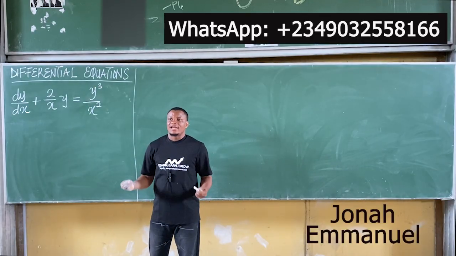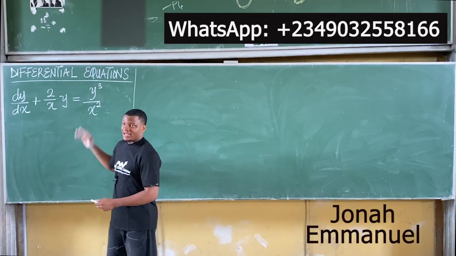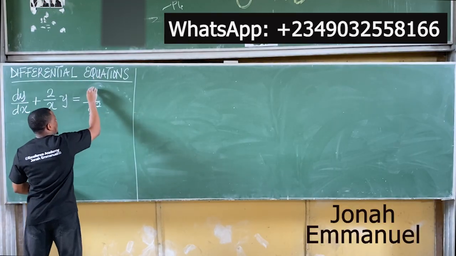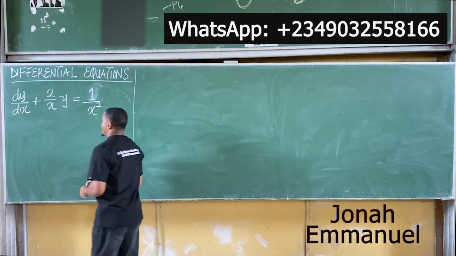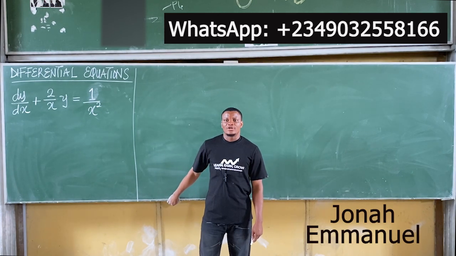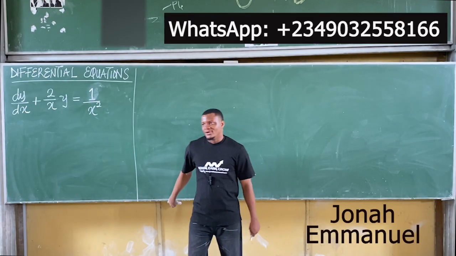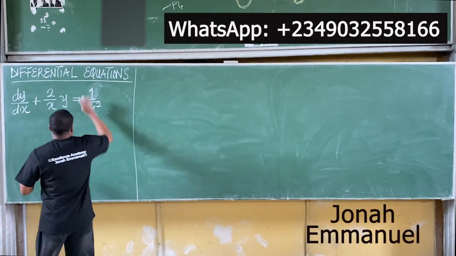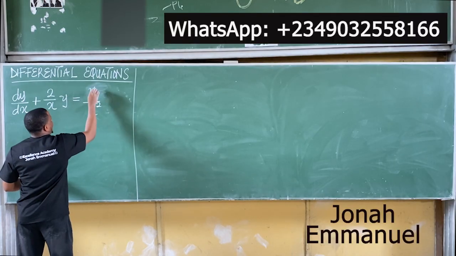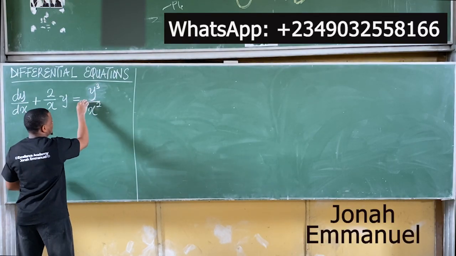If there was no y term there, this would be a first order non-homogeneous ordinary differential equation, and we would use an integrating factor. But now there's a problem: I have y to power 3. So it becomes a Bernoulli's equation.